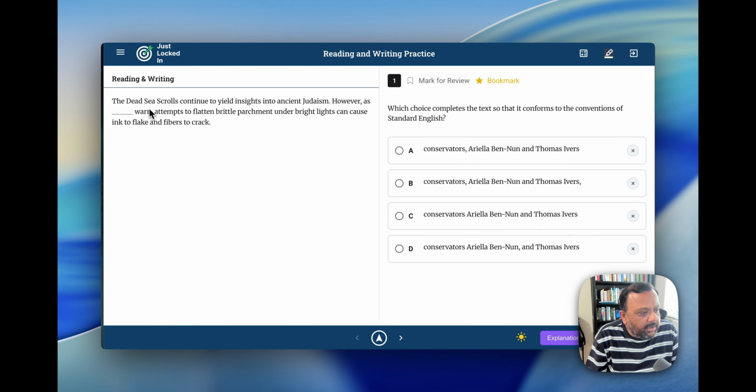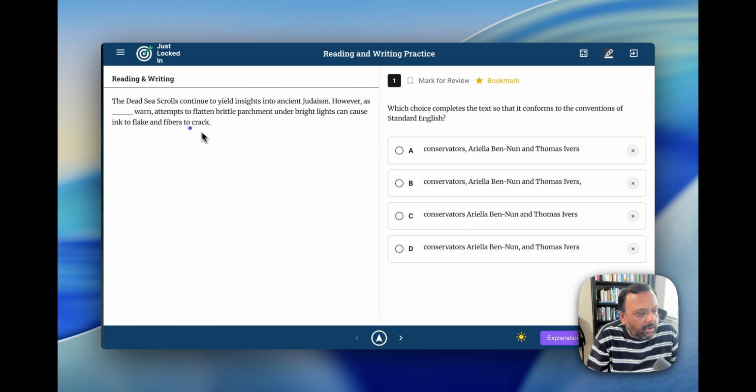The first question: the Dead Sea Scrolls continue to yield insights into ancient Judaism. However, as conservators Ariella Ben Nun and Thomas Evers, one attempts to flatten brittle parchment under bright lights can cause ink to flake and fibers to crack.